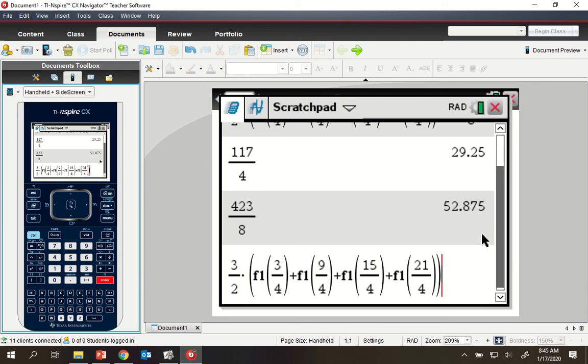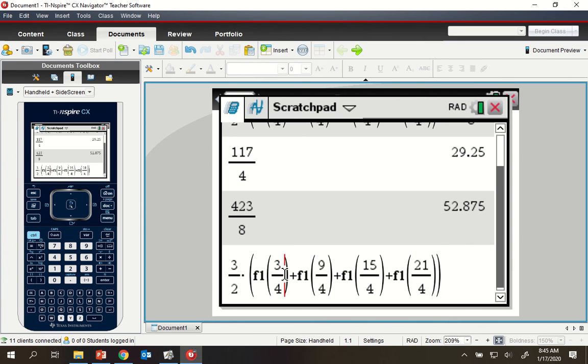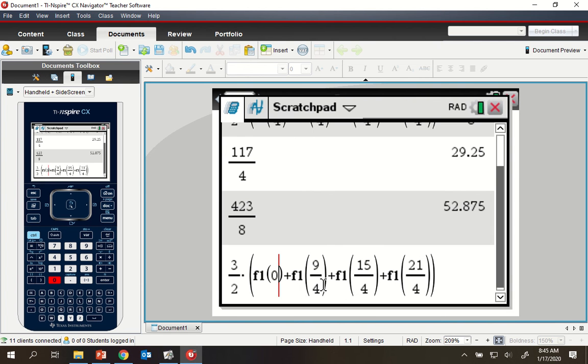Now, could I have done this the first time from my first function? Yeah. So, let's see. 0. What was my next interval? 3 over 2? No, it was, oh, for the left hand.